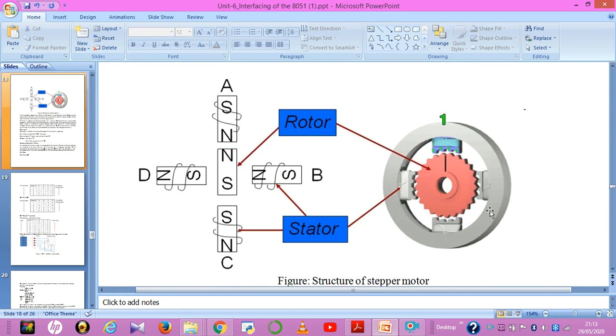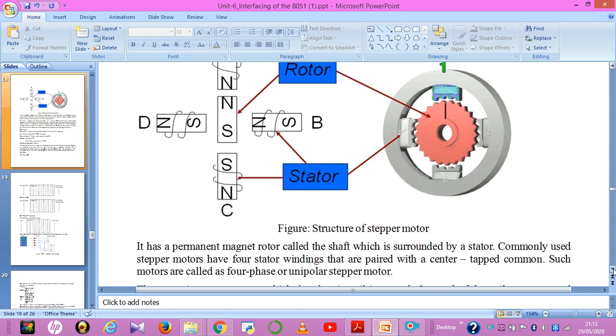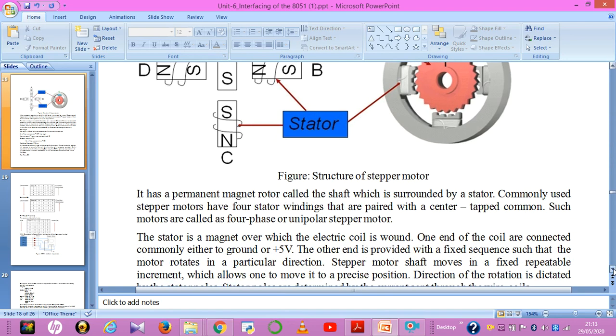It has different windings; you can see the 4 windings here. The rotor is connected at the center and the stator has the windings. You have to energize the windings. Once energized, it starts to rotate in clockwise and anti-clockwise directions.